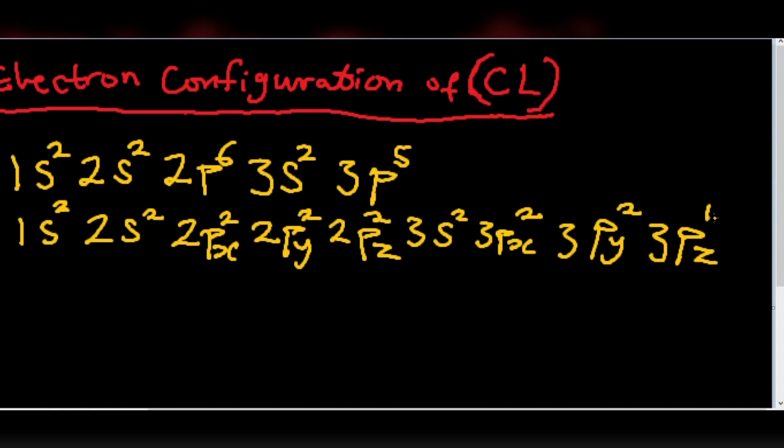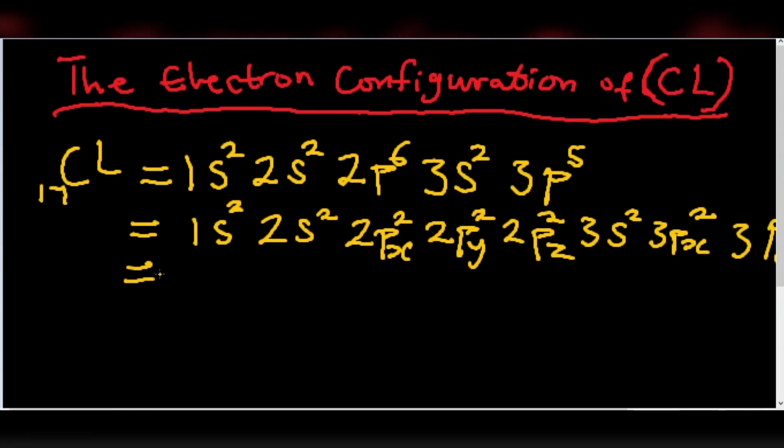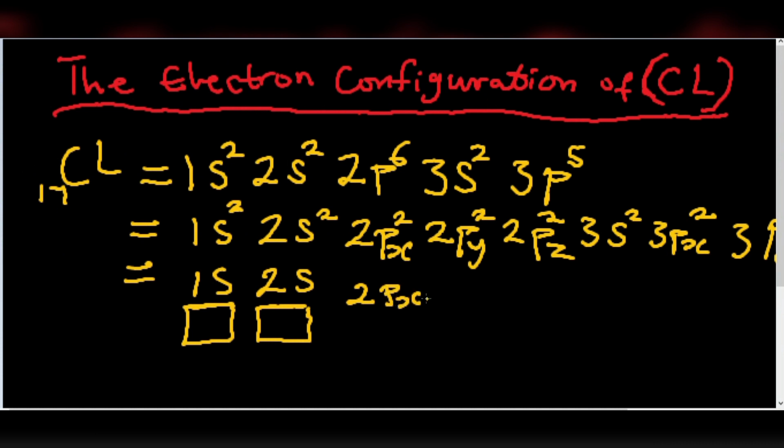Now let's use the orbital box notation as well. For the box notation, you have the 1s, then you draw a box under. You have the 2s, draw a box. You have the 2px, the 2py, the 2pz.